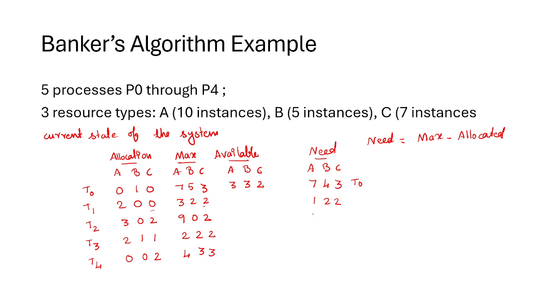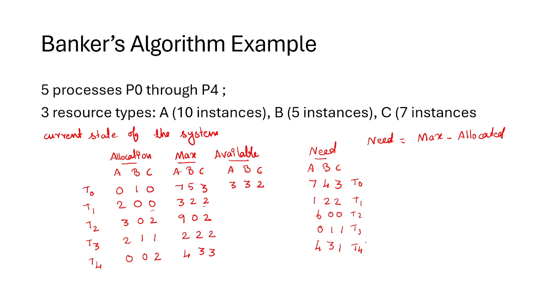Then for T2 it is 6, 0, 0. For T3 it is 0, 1, 1. For T4 it is 4, 3, 1.